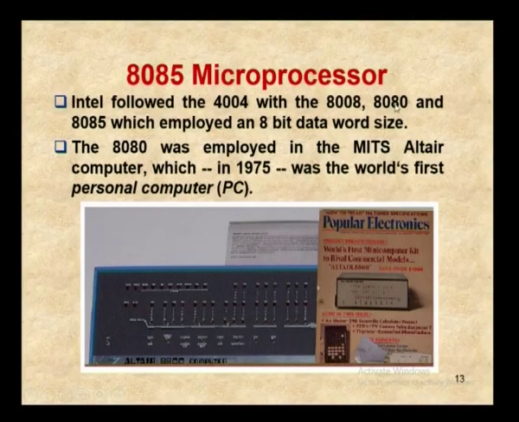Then Intel made 8-bit microprocessors, that is 8008, 8080 and then 8085, and in 1975 the first small computer, as you see here, appeared using this microprocessor, that is a computer on a chip, as you see in this photograph.